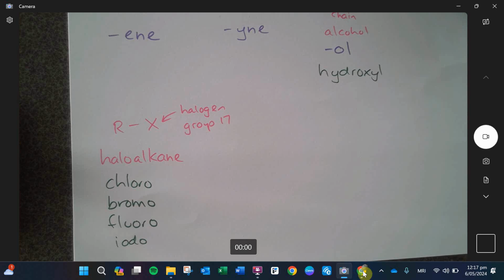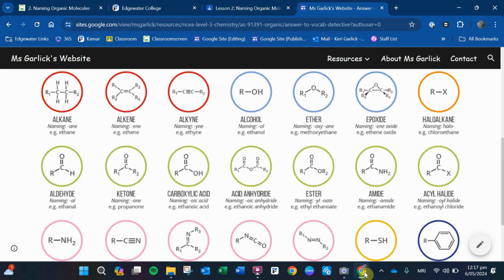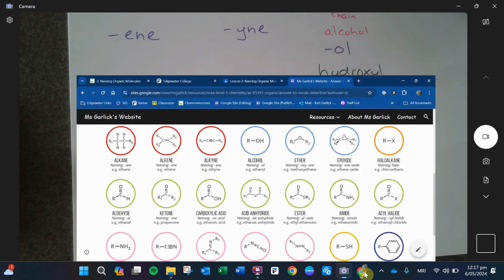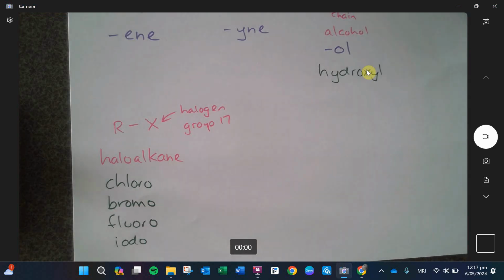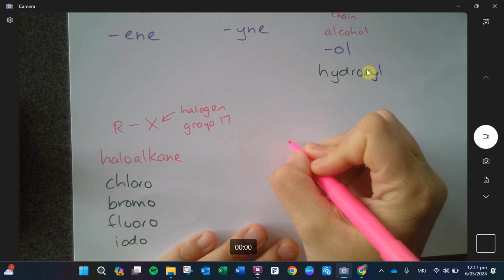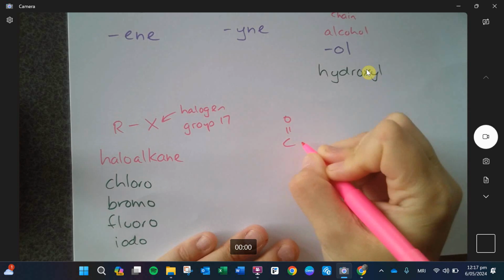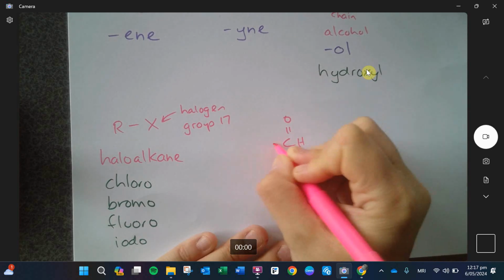I'm just going to flick back and forth. Don't worry, it will come back. I'm just trying to remember which ones you have to do. Aldehyde and ketone. Right, gotcha. Okay. Aldehyde: double bond O, H, and then an R group.